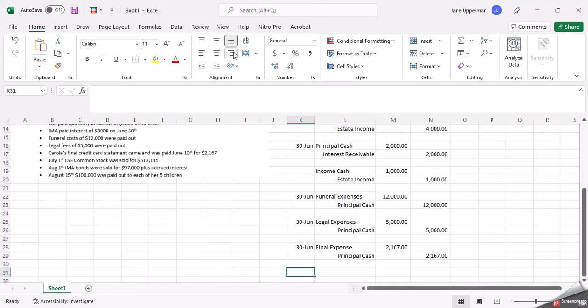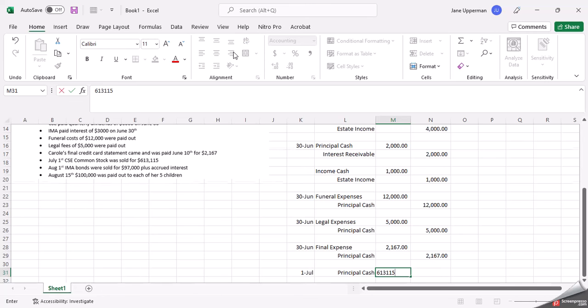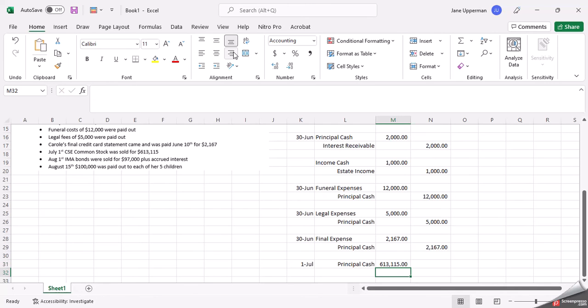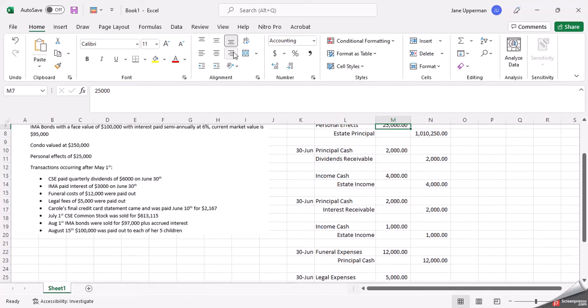Okay, then on July 1st, the common stock was sold. So when we sell it, we're going to get principal cash for the amount of the sale, which is $613,115. And then we're going to take it off of the books. So we go back up there and say, what did we set it up for?